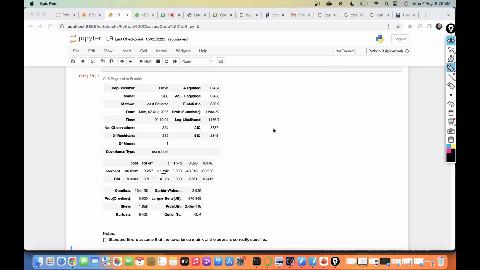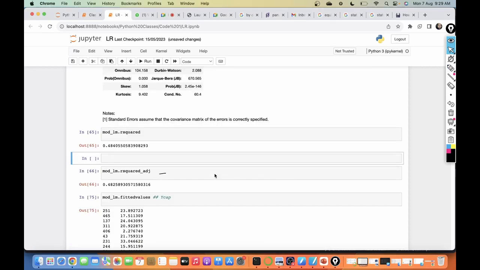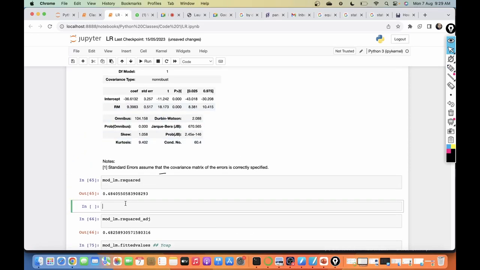Now let's see this t value. Let's take a calculator, for example. Instead of a calculator, let's do the same thing over here itself. Now see, minus 36.6132 divided by 3.257.